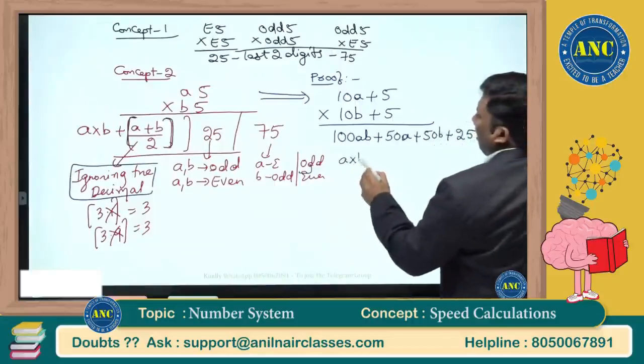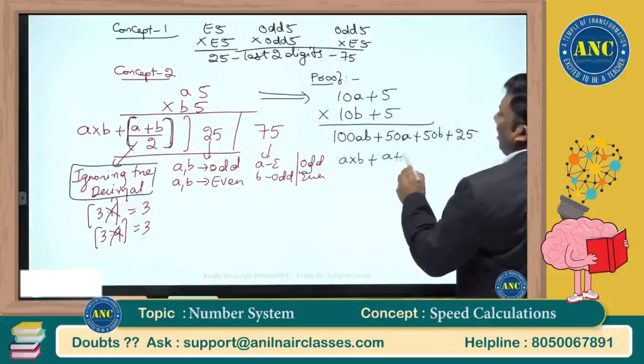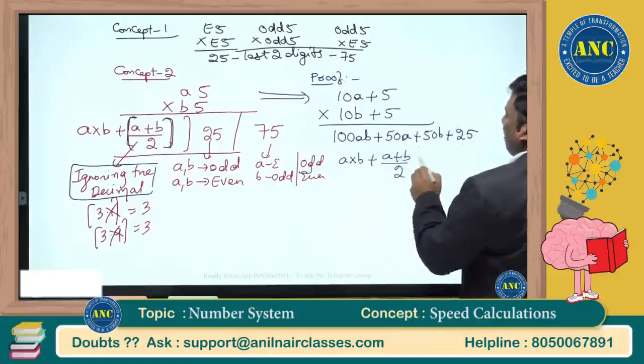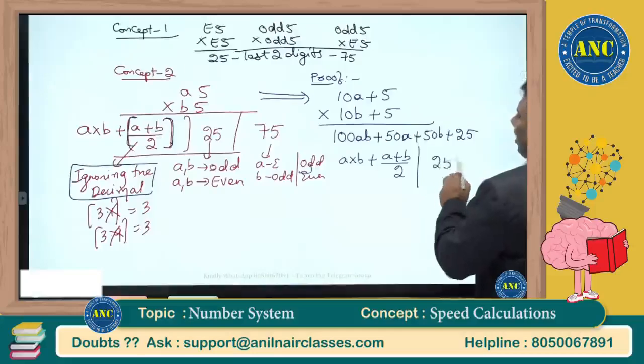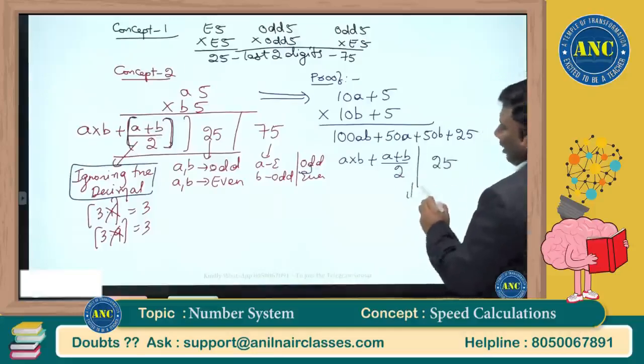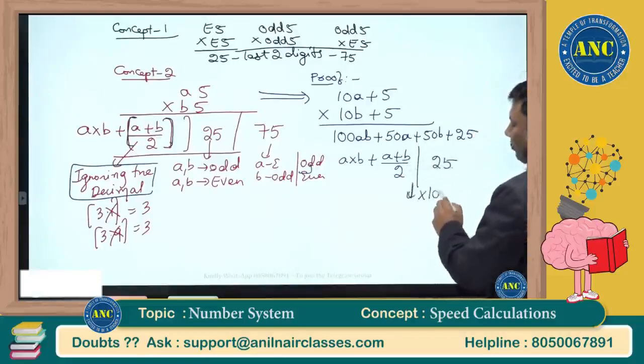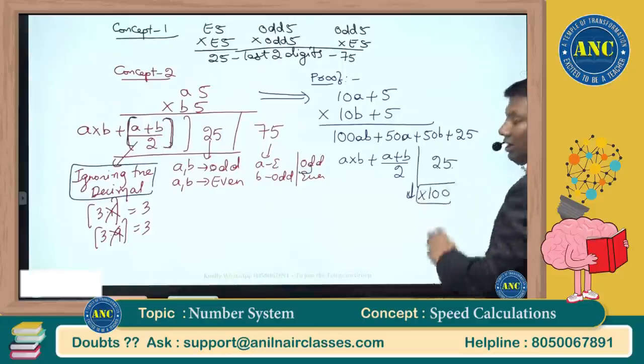Can I say a into b plus (a plus b) by 2, slash 25? I told you, if the slash is kept before the units place, tens place, hundreds place, the value is multiplied by 100.